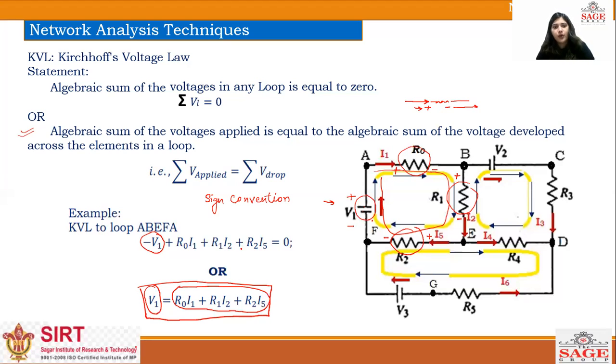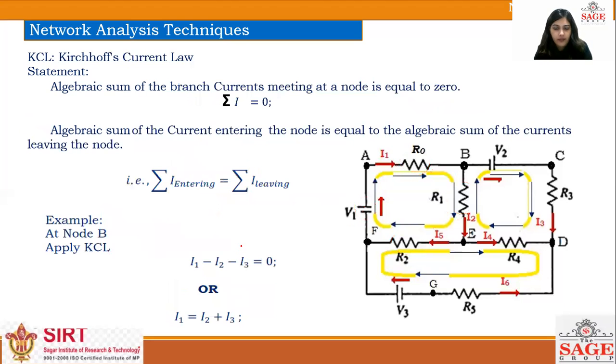Okay, now we will move on to Kirchhoff's current law. So, of course, there is a concept behind Kirchhoff's voltage law and current law, and that concept is very common for both of the laws.